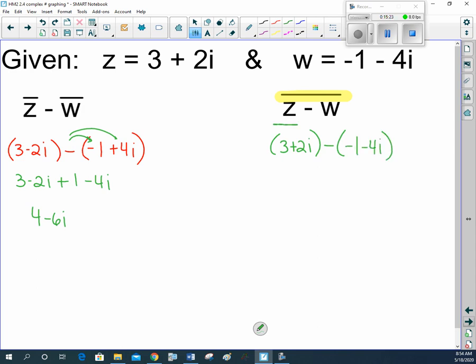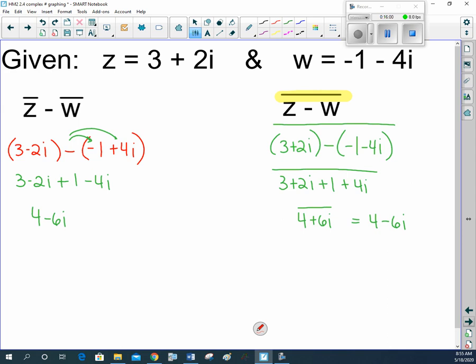So this is going to be 3 plus 2i plus 1 plus 4i. Getting ahead of myself here. So remember, we're going to do the conjugate of that answer. Looks like I'm underlining it. That's our conjugate. So 3 plus 1 is 4. 2i plus 4i is 6i. I want the conjugate of that, which equals 4 minus 6i.